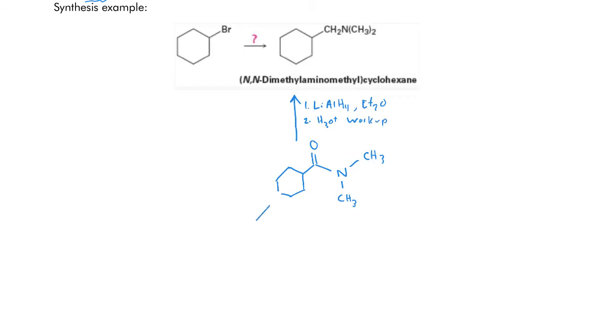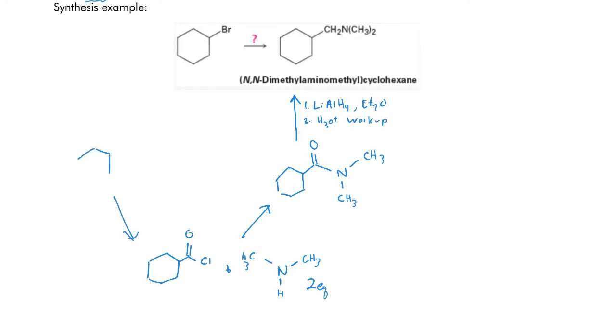So I disconnect the bond between that carbonyl carbon and the nitrogen, and imagine it coming from an acid chloride with the 6-membered ring and dimethylamine. I would need to use 2 equivalents of that dimethylamine because I need to sequester all the HCl that's being produced. So I use 2 equivalents of the amine.